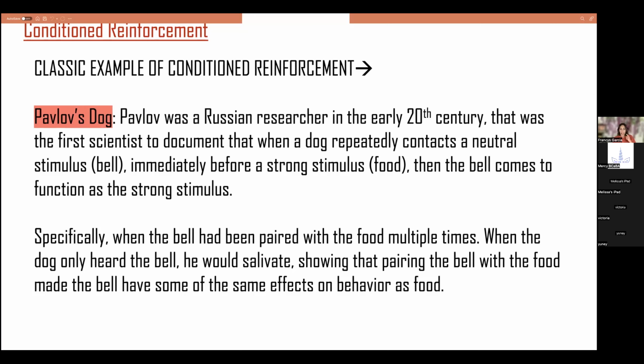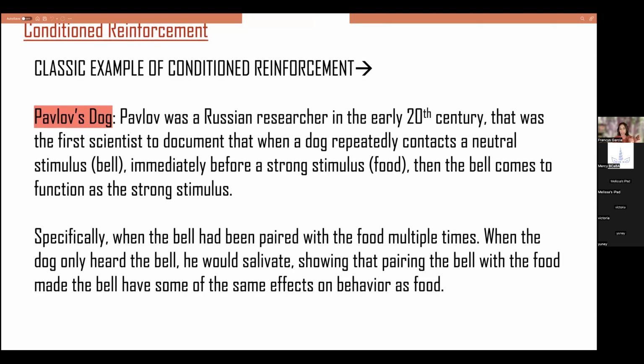Specifically, when the bell had been paired with the food multiple times, so multiple pairings. This is why I keep saying pairing. Pairing and conditioned go hand in hand. When the dog only heard the bell, so now he didn't have to see the food, he just had to hear the bell because of the pairing of the bell and the food, he would salivate. So he automatically has the same response that he would to just food with the bell because of the pairing.